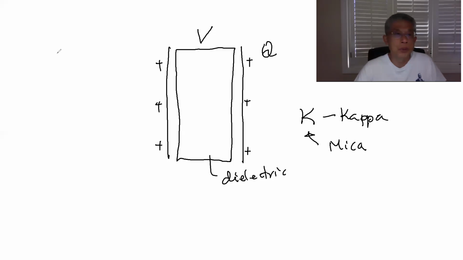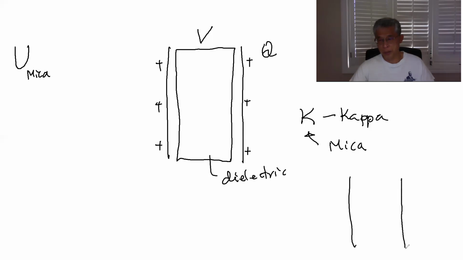So what would happen to the stored energy? What will happen to the U now with the mica in there? It was this here, with no kappa. I have my Q, I have my V, so the energy U is equal to 1/2 VQ.